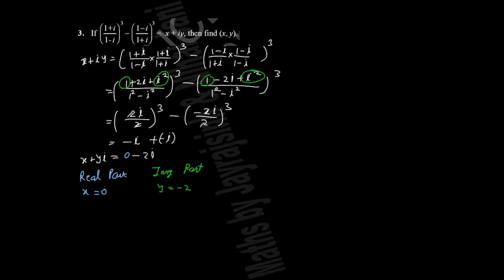Done? Ta-da! Next, if this condition is given, we have to find the value of x, the real part of the right hand side, and y. So we have to simplify the left hand side first.